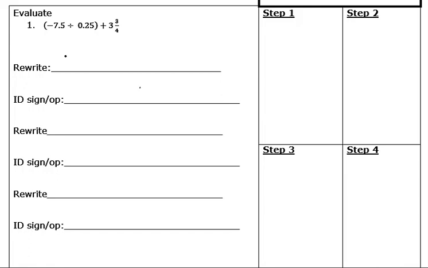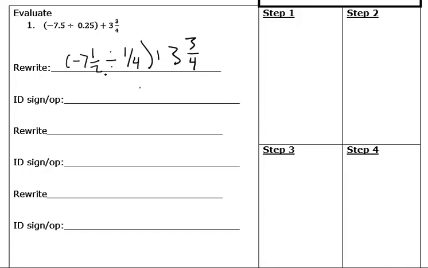So these are fractions that I can work with without too much trouble. So I'm going to rewrite it: negative 7 1/2 divided by 1/4 plus 3 3/4.